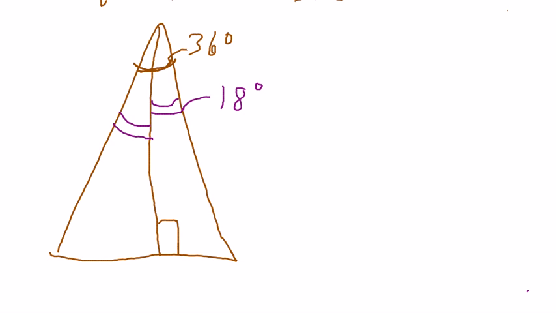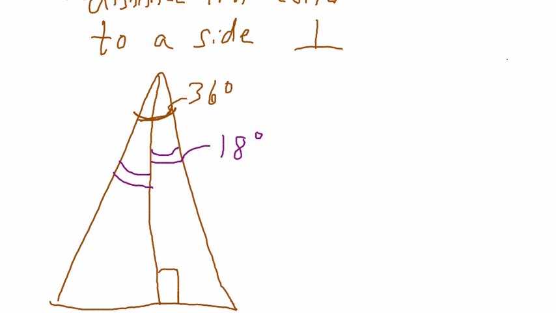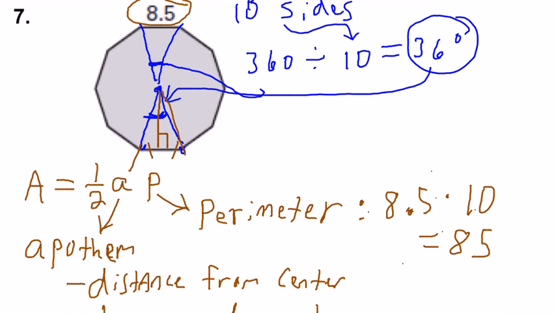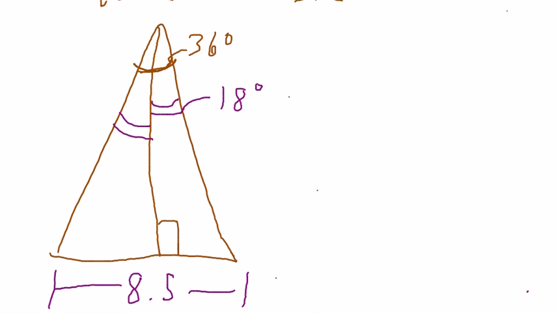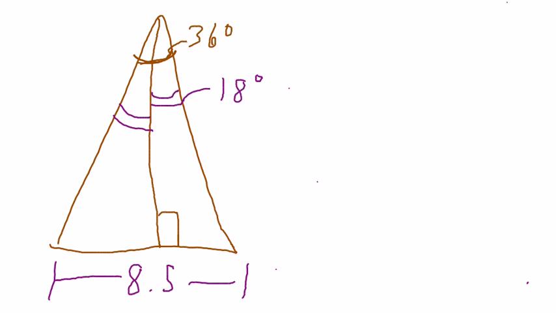They split it in half. Furthermore, because we know that a side length is 8.5, I know the bottom part of this triangle is 8.5 all the way across. But what I really want is just one of these triangles, either the one on the right or the one on the left. So I'm going to split that 8.5 in half, and we're going to say this side is 4.25, and this side is also 4.25. I know it might not look like it from the way I drew it, but that's where it's supposed to be.